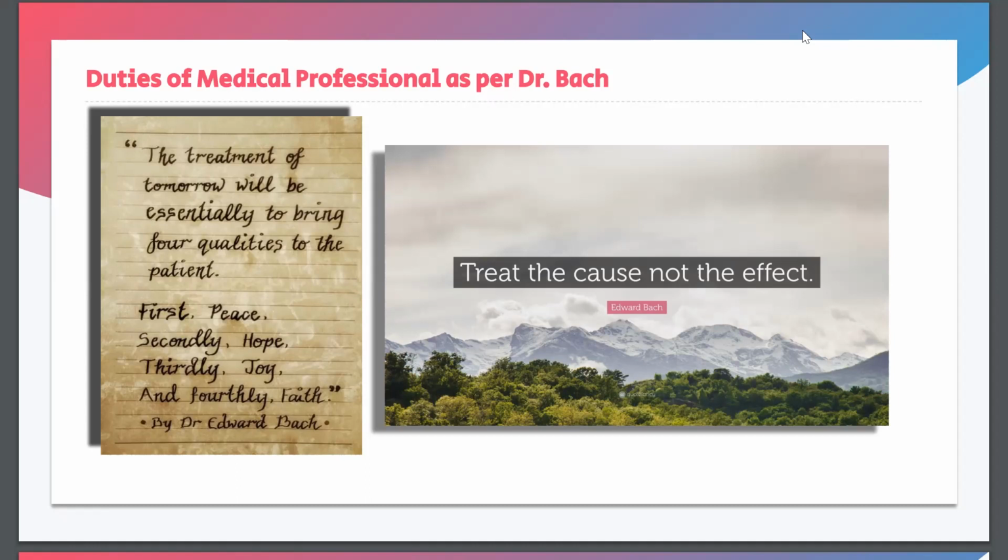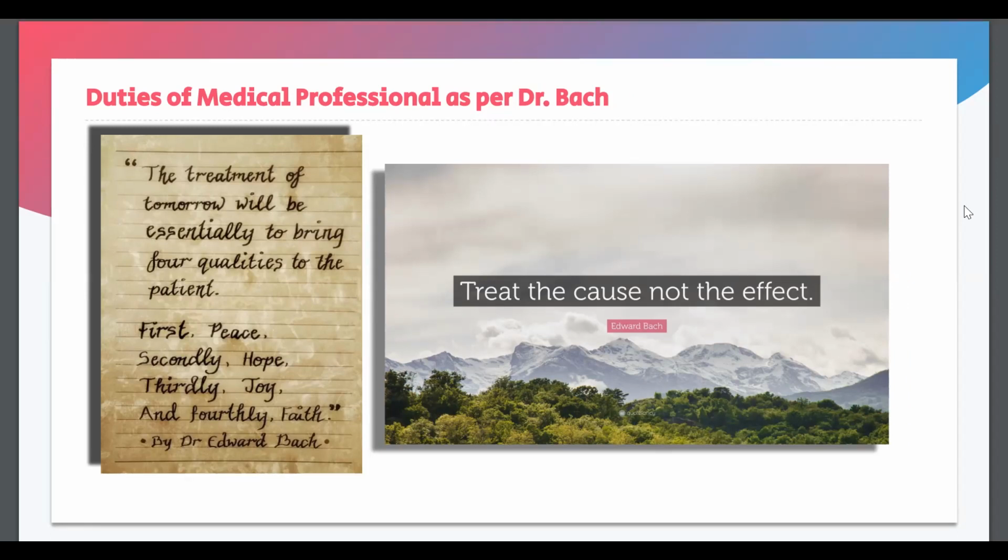Okay. And when we use this system, we should expect four qualities which we can improve in the clients. We have to improve the peace of mind which that person has. We need to improve the hope that person has, in terms of the belief system of that person.